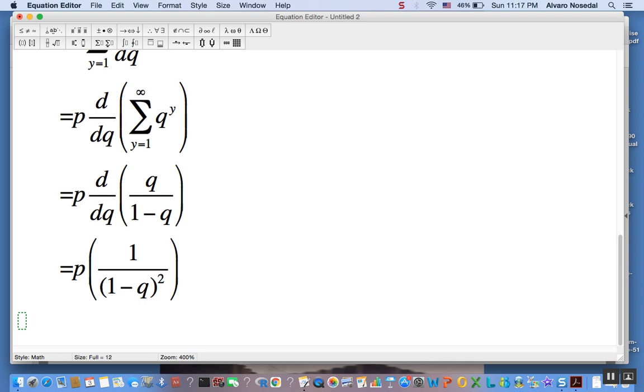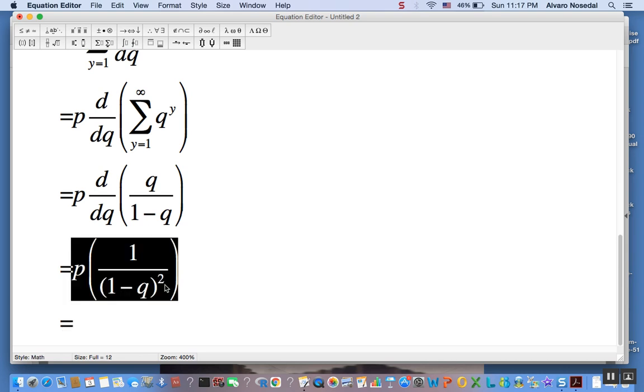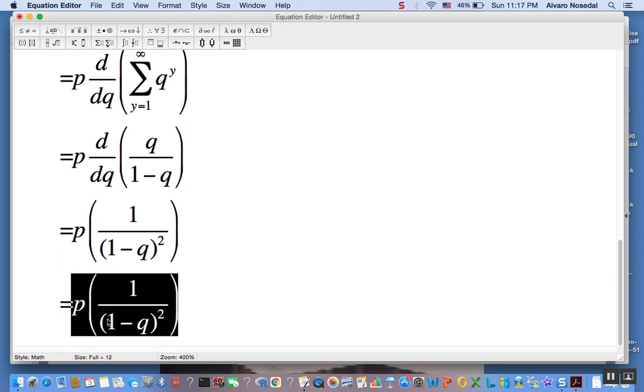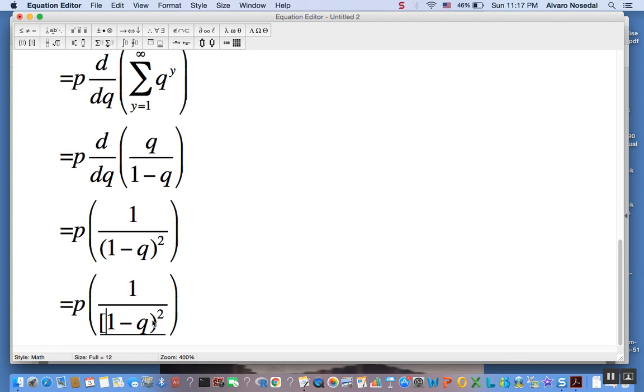But now recall that q equals 1 minus p, right? So 1 minus 1 minus p is just going to be p. You guys agree? So what we have here is, instead of q, we have 1 minus p.